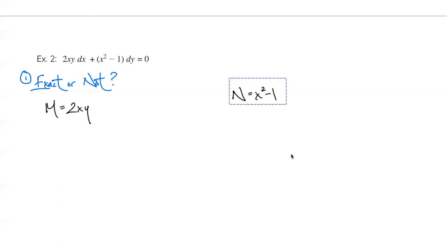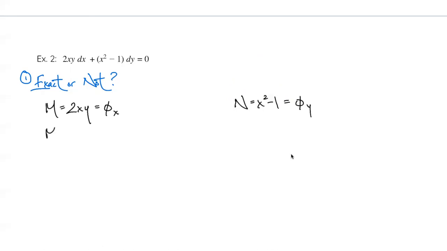When we take our partial derivatives, keep in mind that M is really phi sub x and N is really phi sub y. So what we're checking is that phi sub xy is actually equal to phi sub yx.